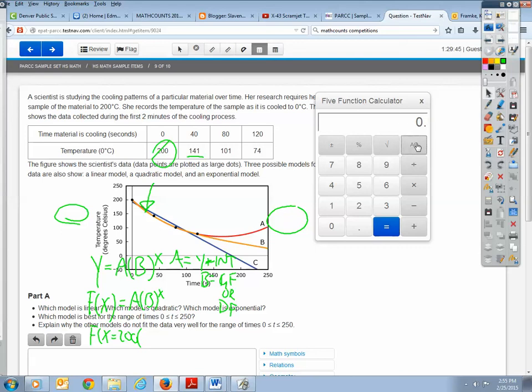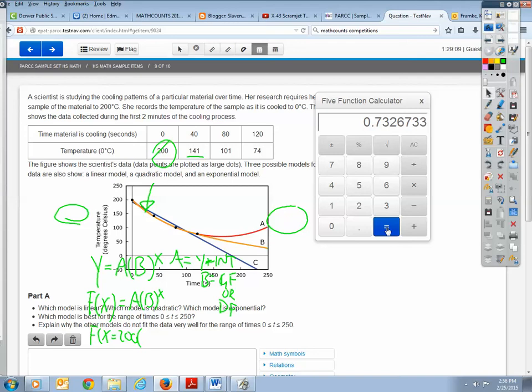So this time I'm going to use this number and this number. So 101 divided by 141. 0.71, 0.72. And then for my last one, I'm going to have to find a number that makes sense here, divided by 101 equals. So I'm all sort of in the same basic range.